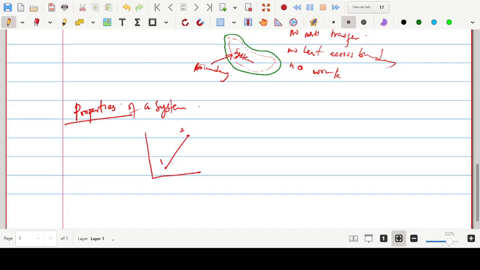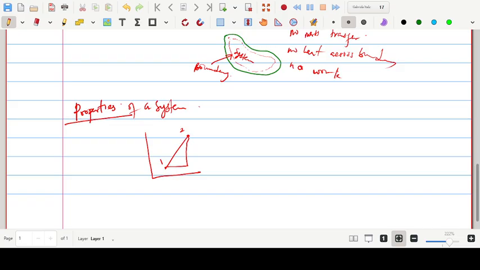Whether you move like this, or you move like this, I can also move from here to here, then I've gotten to point 2. We are less concerned about that. The only thing we are concerned with is the state of that system. So we don't consider the pathway.